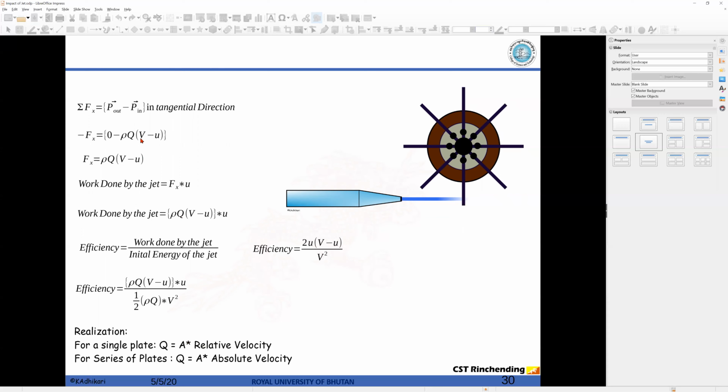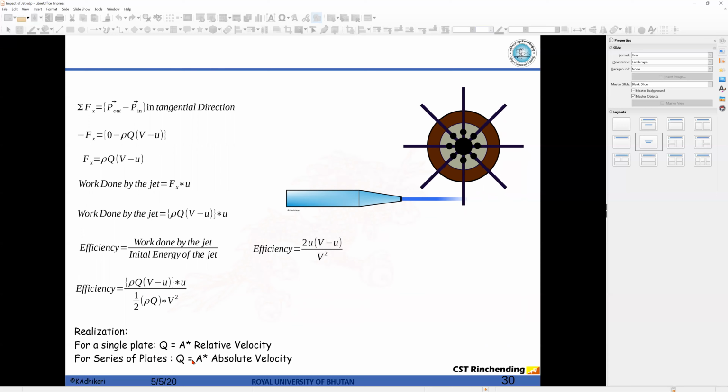When you calculate force, you will use the relative velocity, because when the jet strikes, the plate is also moving, so there is relativeness. But when you calculate discharge, you will have to use absolute velocity. Discharge is area times velocity. If there was only a single plate, you would calculate area times relative velocity.